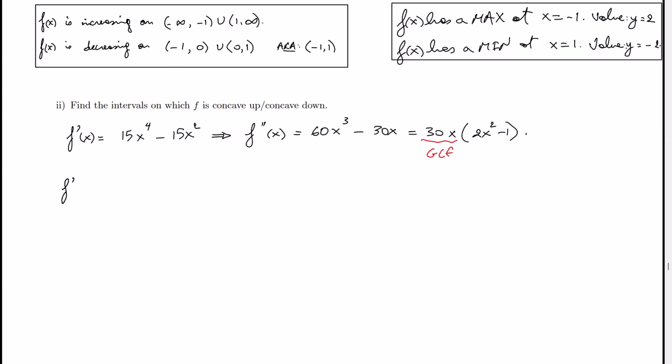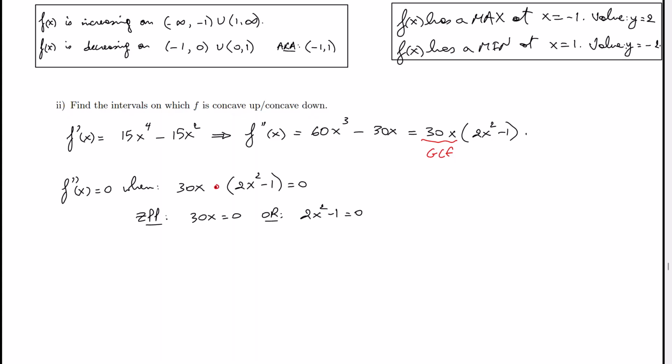Okay, so next I need to know what makes the second derivative equal to 0. And so it will be equal to 0 when 30x multiplied by 2x squared minus 1 is equal to 0. Now, for this to be 0, the zero product property says either the 30x must have been 0 or the 2x squared minus 1 must have been 0, right?